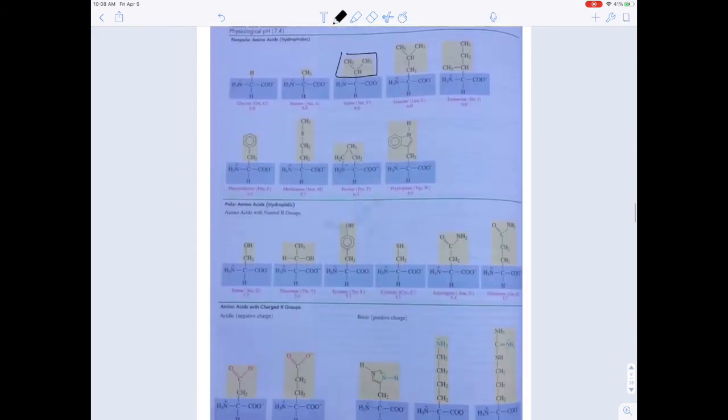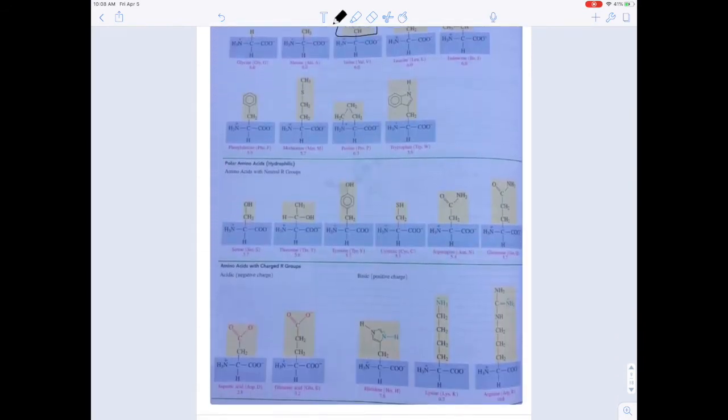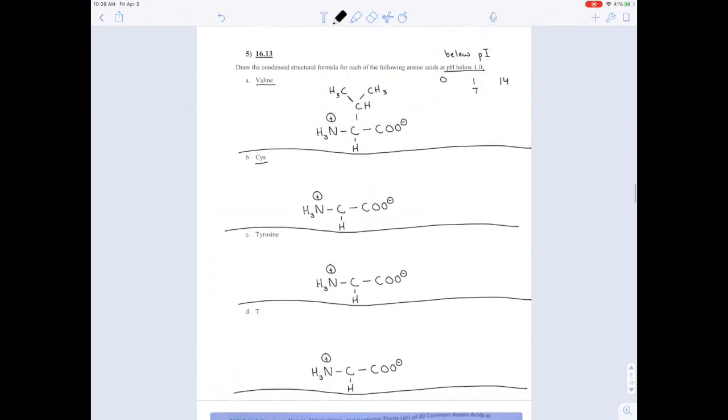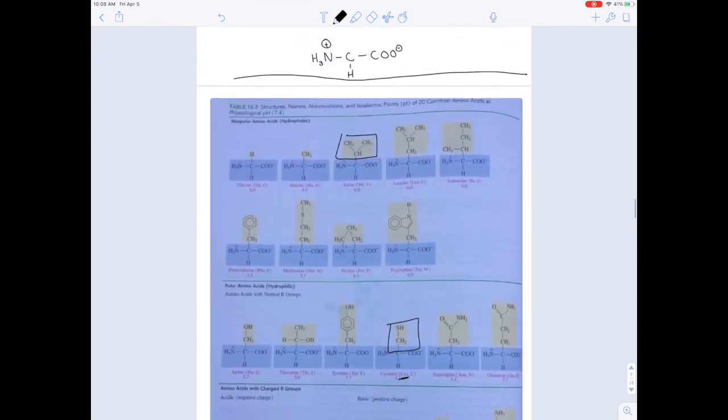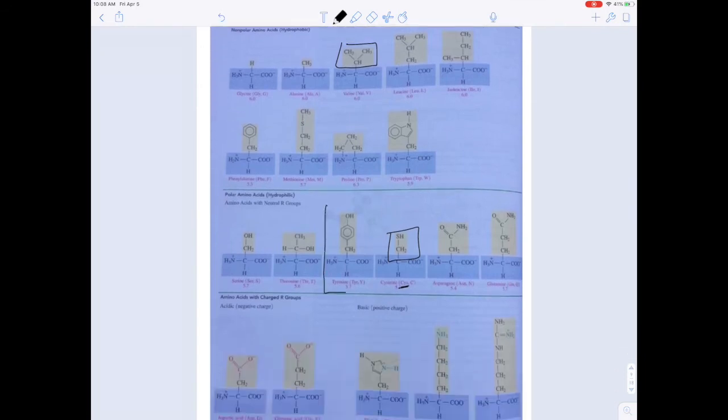CYS, that's cysteine. You wouldn't have to know that. You would just have to find the CYS on the table, and you can see that it's CH2SH. For tyrosine, we look for tyrosine, and we have that right here.